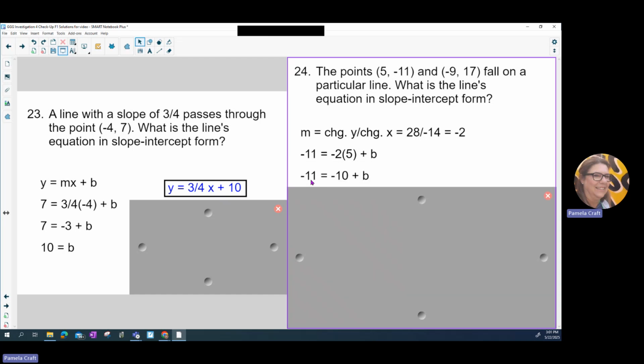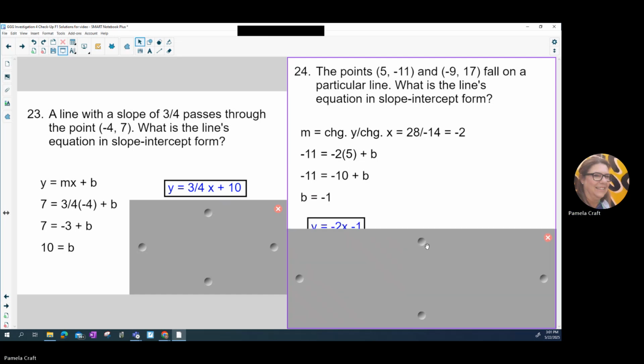So now I have -11 equals -10 plus b. Again, add 10 to both sides, or ask yourself, what would I add to a negative 10 to get to a negative 11? And you will find that b equals negative 1. So now you have an m and you have a b. You can write your equation. So y equals negative 2x minus 1.